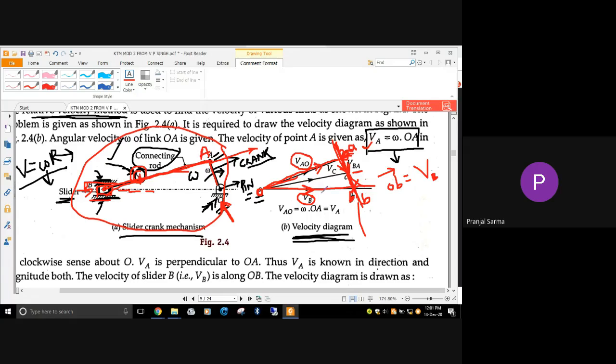From this diagram you can get it. Whatever is the location of point C on the connecting rod, suppose from B whatever is this distance, or from A whatever be its distance.